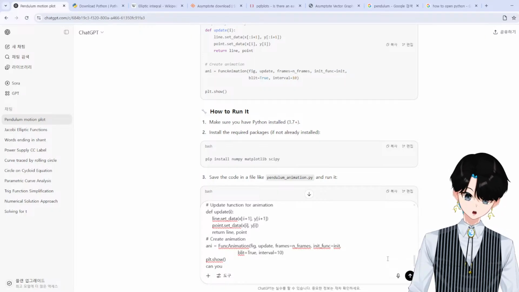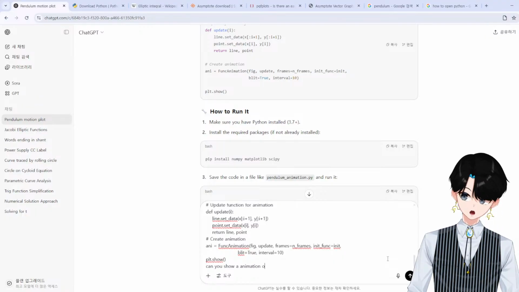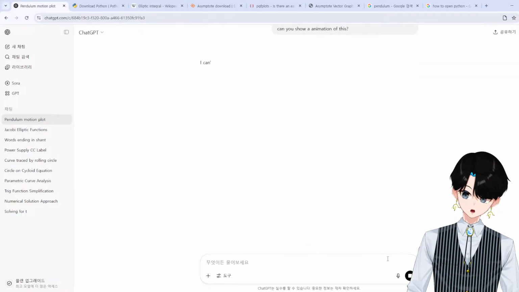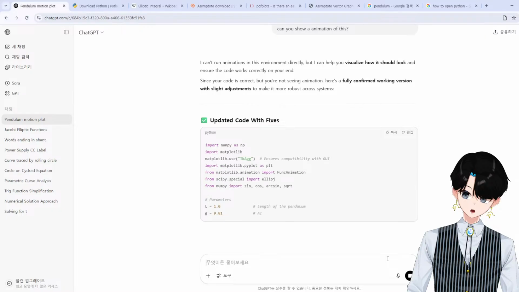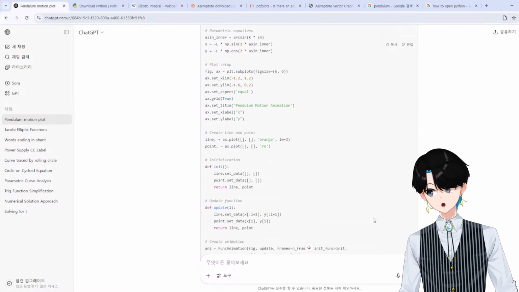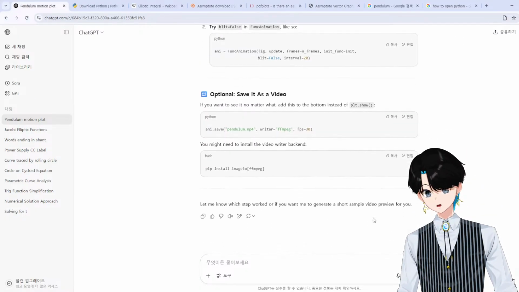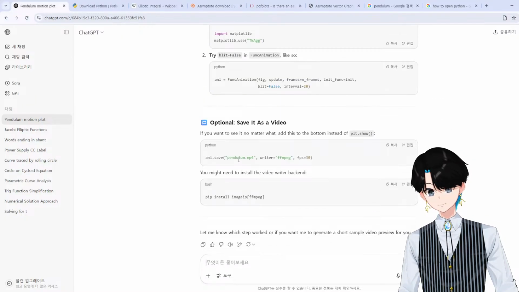Can you show an animation? Yes. Visualize how it looks like. This is your code. This is your fucking code. You provided me this. Why do you mean there's a correction? And you're fighting yourself, literally fighting yourself. Pendulum before.